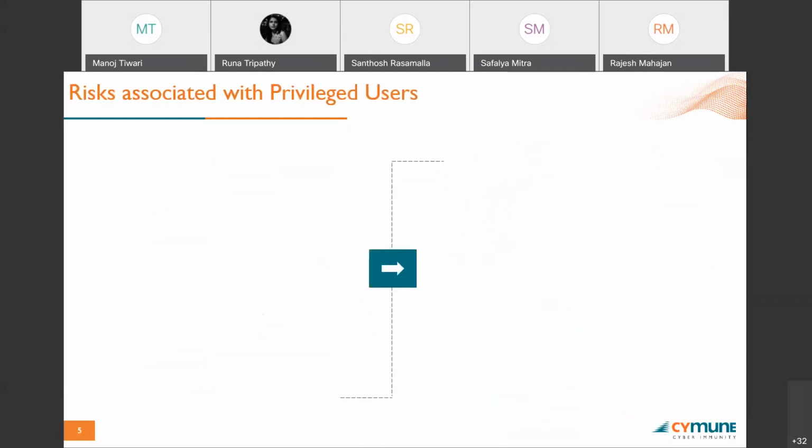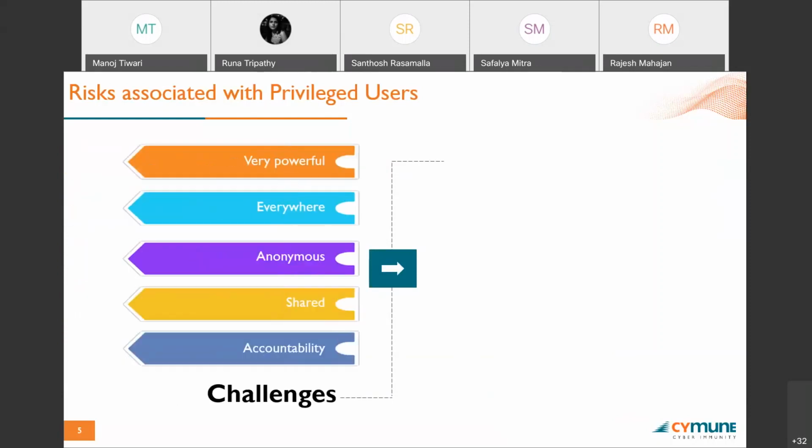So going forward, we'll see why these privileged users are a risk. Let's start with understanding why we have a challenge with these privileged users. These privileged accounts are very powerful, in the sense that since they have a very high level of privileges, they can do anything in the system.